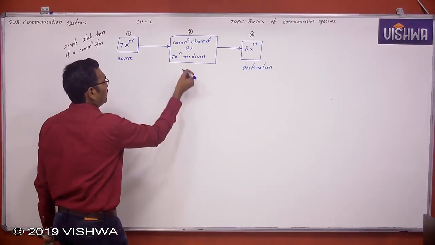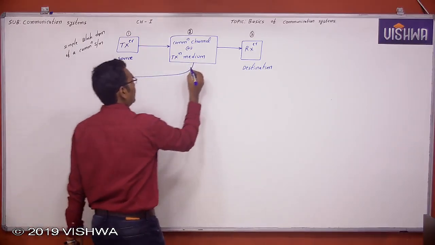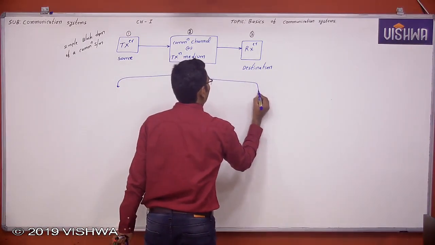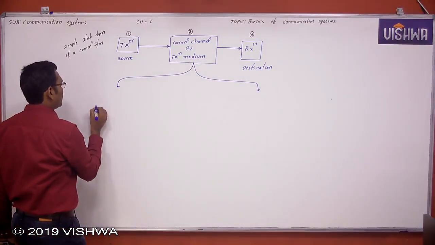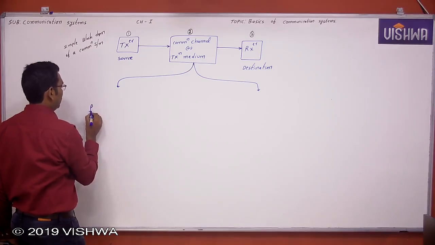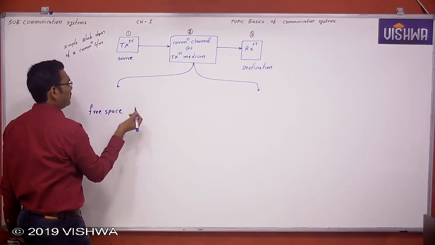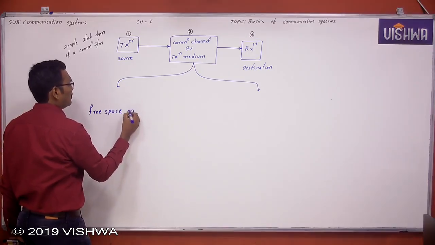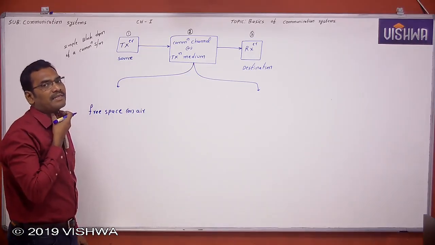Here I divide this communication channel or transmission medium into two parts. If the communication channel or transmission medium is free space or air, this is a free space medium.